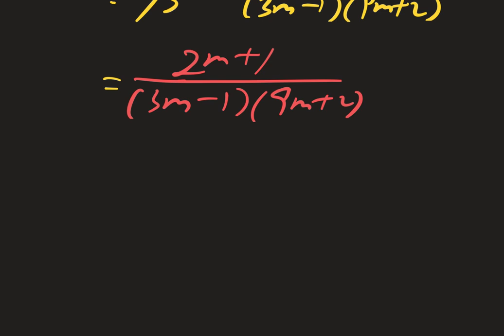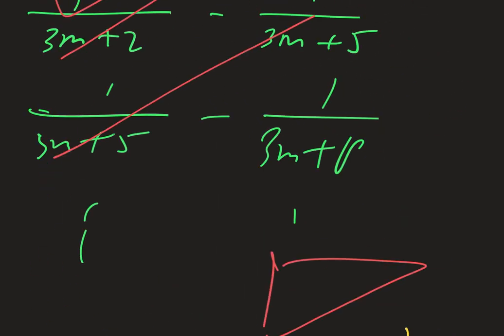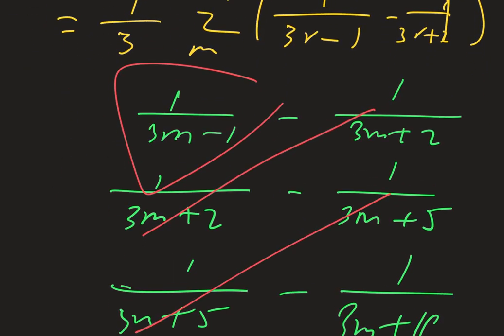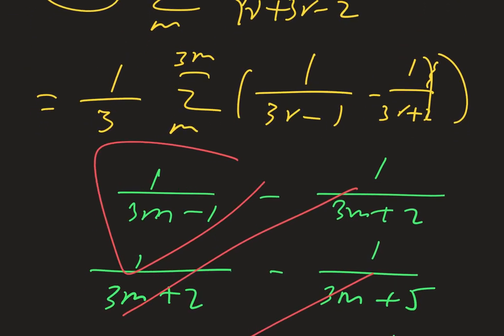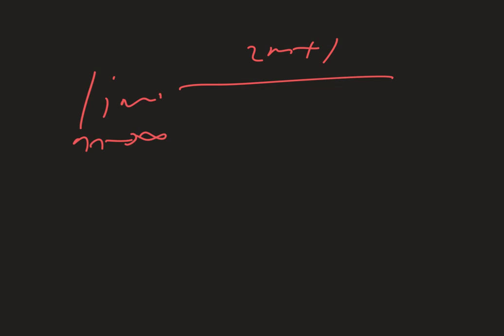Okay, find the infinity. Here, 3 times 1 minus 1, so it's 1 over 2, right? Of this, so limit m to infinity of 2m plus 1 over 3m minus 1, 9m plus 2. So how do you do that?